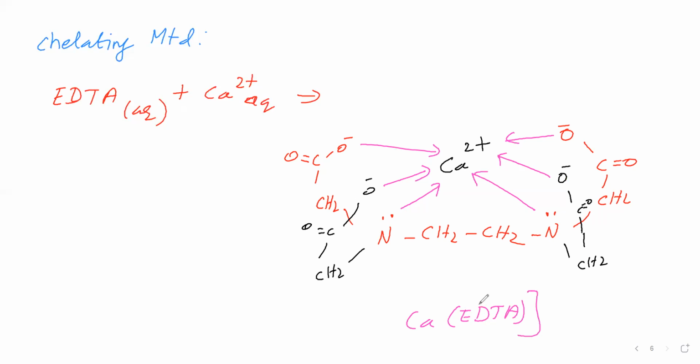Now for this 4 minus net charge, for this plus 2, therefore net charge is 2 minus. A complex is formed. Now calcium ion is not free, it is in the complex. Since it is not free, soap is not getting precipitated. Therefore the resultant is soft water.